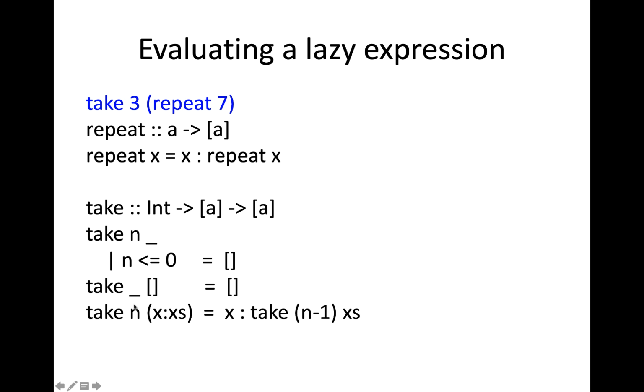So to take n items from the list, already one is done, so n-1 more items we need to take from the tail. That is how we can interpret this recursive call, right? So hopefully that makes sense of how the body of take is meaningful.